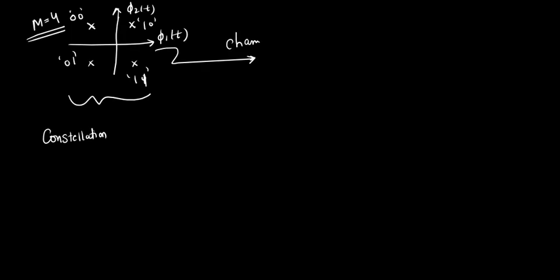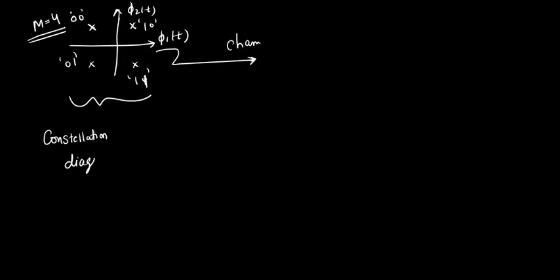And for analytical understanding, you can just see this constellation diagram and quickly say when 0 0 is transmitted, you will transmit this much of phi 1t plus this much of phi 2t, right? For example, this is A_I and this is A_Q. So A_I phi 1t plus A_Q phi 2t. This is the signal which you are going to transmit corresponding to 0 0. Similarly for others.